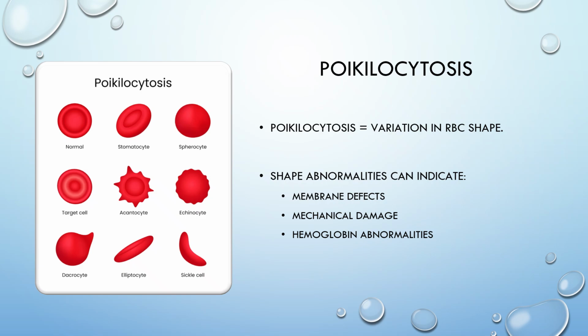In other words, is it just an occasional oddball cell, or are we seeing a consistent morphologic trend across the smear? This is where experience at the microscope becomes extremely valuable. The more smears you review, the better your eye becomes at recognizing when something looks subtly abnormal. And as we move forward, we'll start looking at specific red blood cell shapes in more detail, beginning with one of the classic examples: target cells.